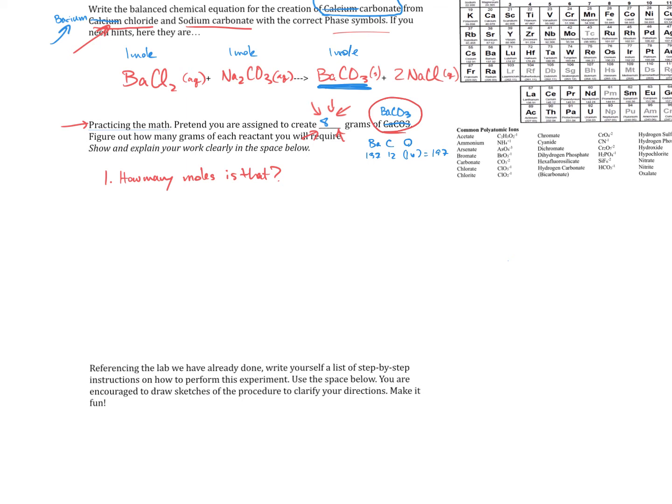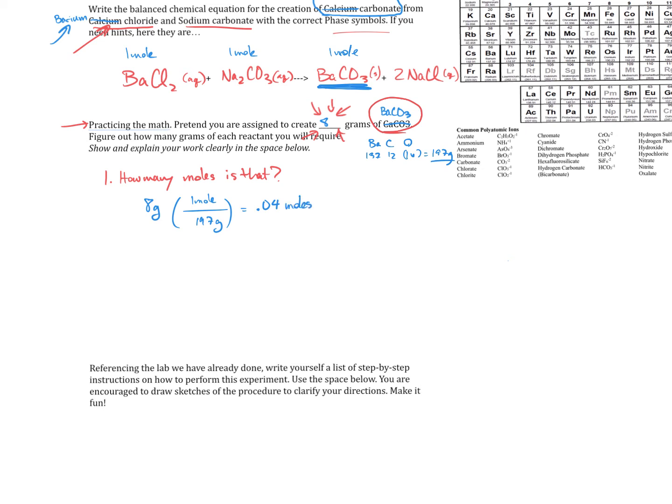I don't need 197 grams of barium carbonate, I need 8 grams, a much smaller number. So how did I figure that out? 8 grams times the ratio based on our molar mass: 1 mole is 197 grams. So what am I actually doing? I'm dividing 8 by 197. It's 0.04 moles.